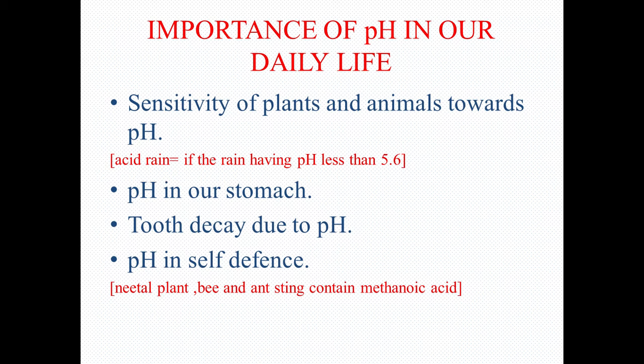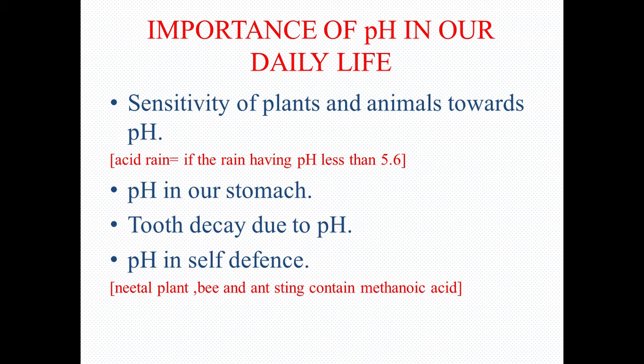The nettle plant has stings which contain methanoic acid, and if a person interacts with these stings of the nettle plant, then an allergic condition will be observed. In the next case, bees and ants also use methanoic acid as a defense mechanism, present in their stings.